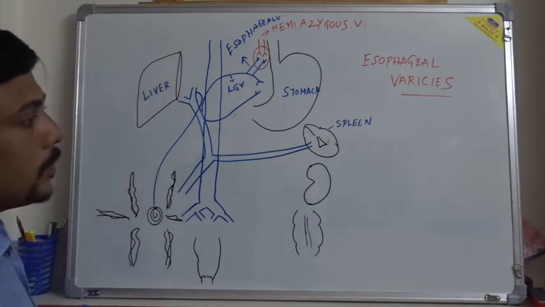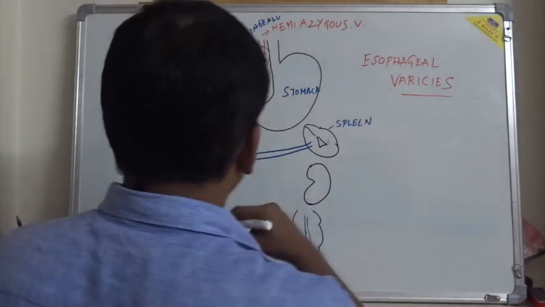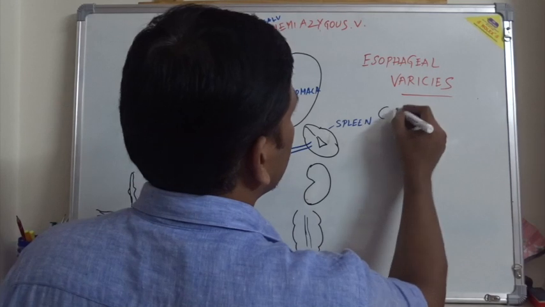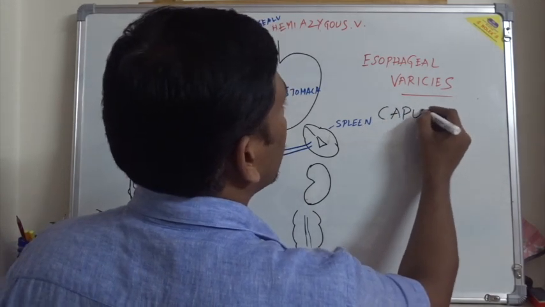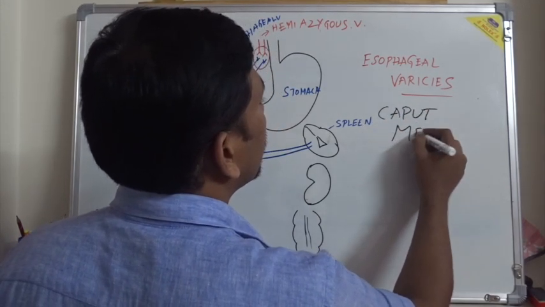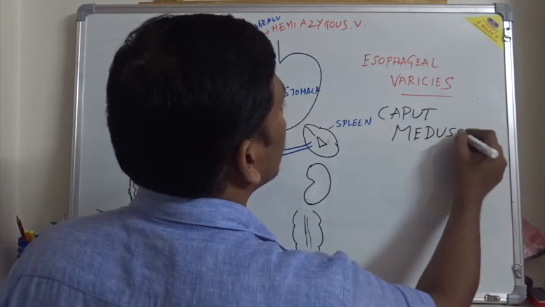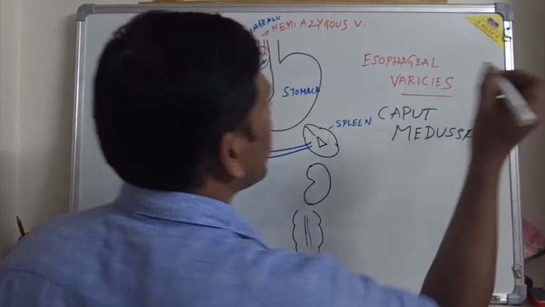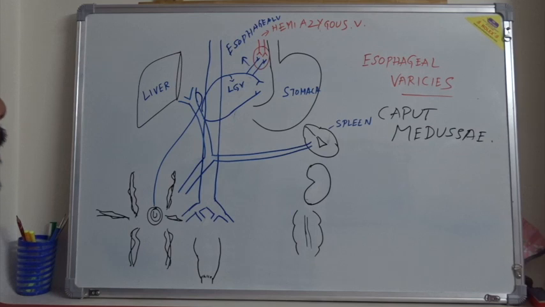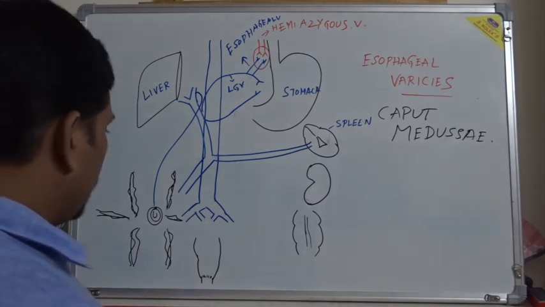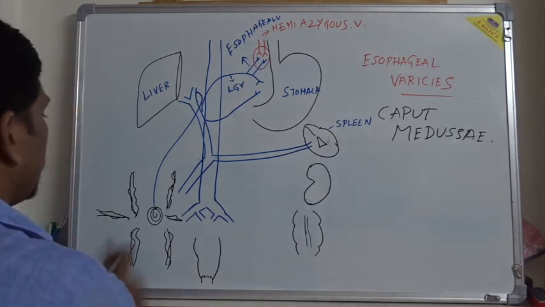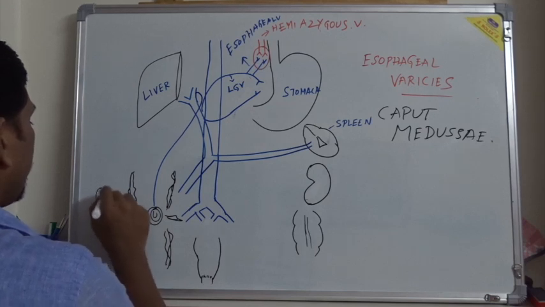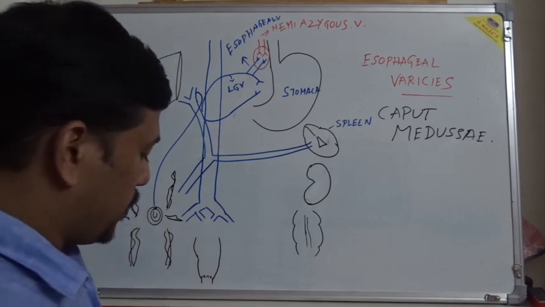This condition is known as caput medusae. This is the second location for the portocaval anastomosis.